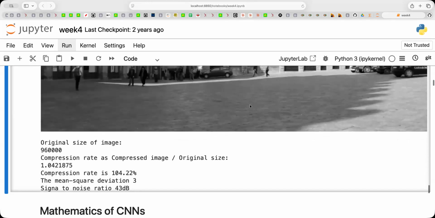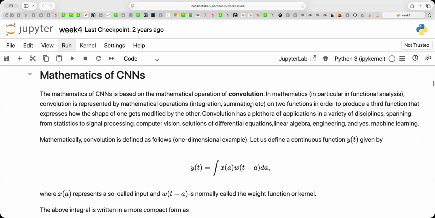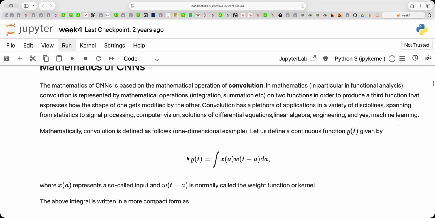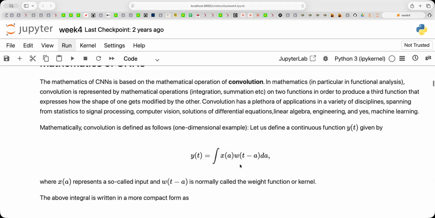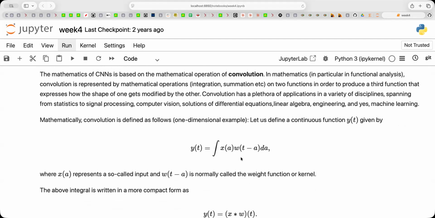So let's scroll down a little bit now, and I'm going to continue using the Jupyter notebook a little bit. The mathematics of convolution, if you think of this in terms of continuous variables, is essentially given by this equation which you see here. You could think of this as you making some observations.